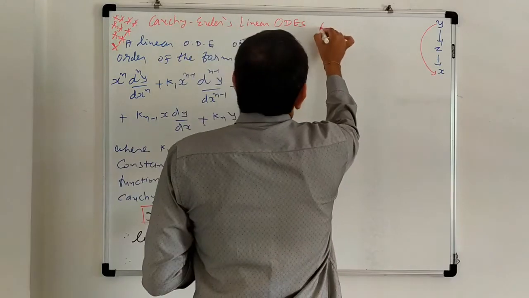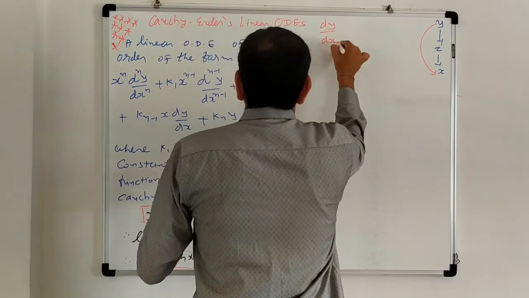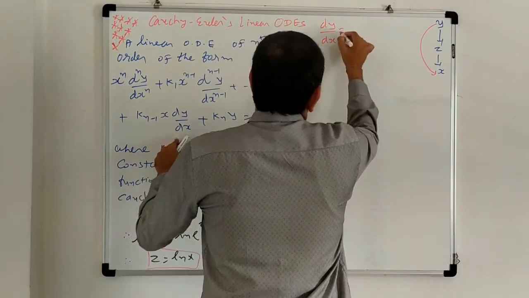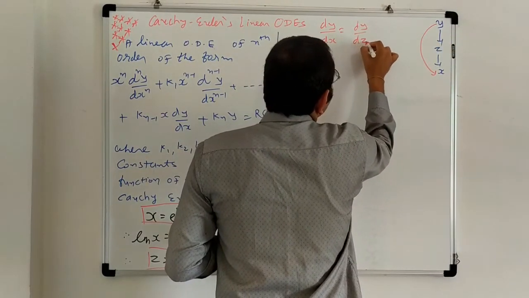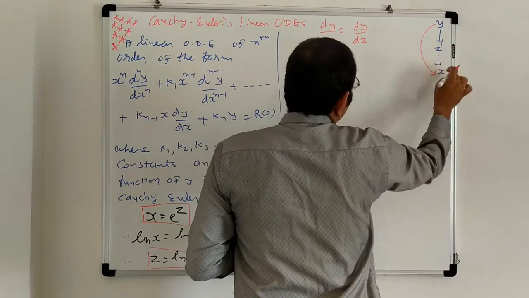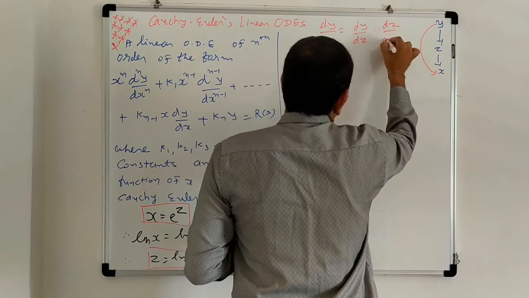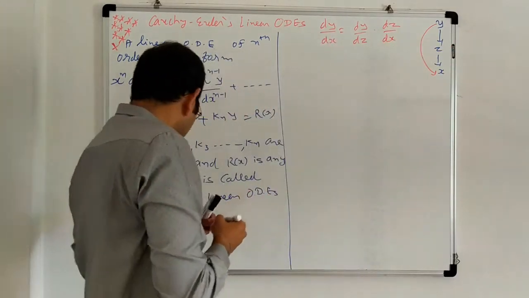Then we can write dy/dx equals dy/dz into dz/dx. Clear?